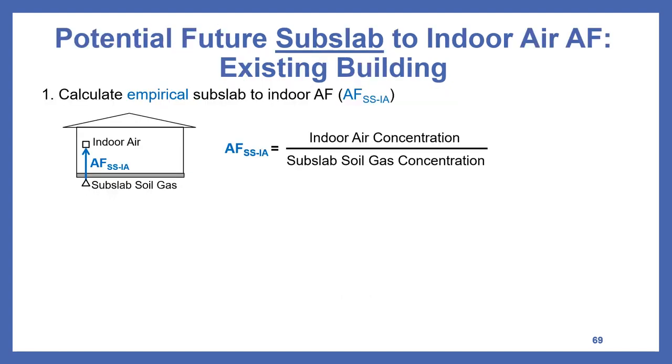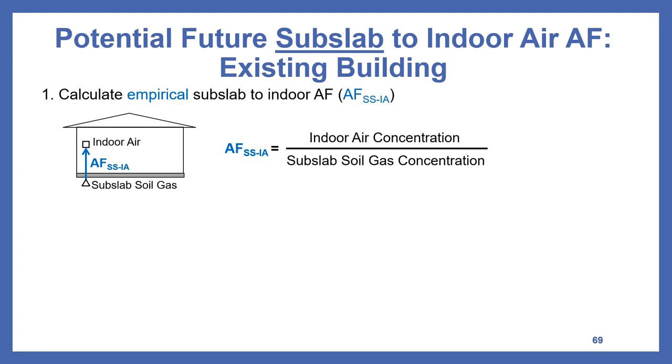Okay, now let's go over how to select a potential future subslab to indoor air attenuation factor that can be used to refine the risk assessment for an existing building. So first, we're going to calculate the empirical subslab to indoor air attenuation factor. We're going to want to use indoor air and subslab data that is paired. And ideally, you're going to want to have enough data collected throughout the building to get a sense of the spatial variability and collected over time to get a sense of temporal variability.